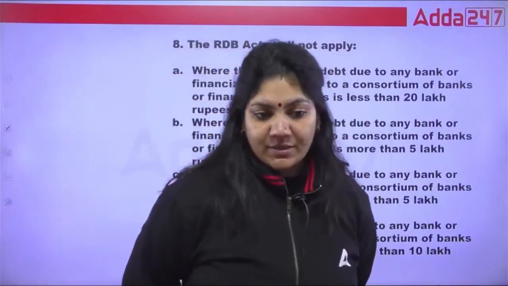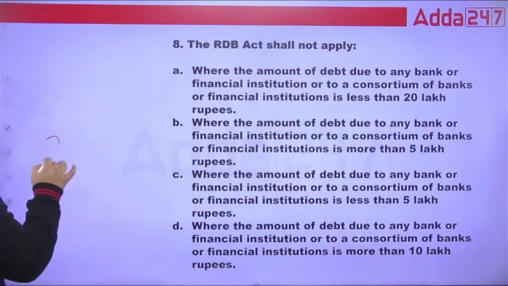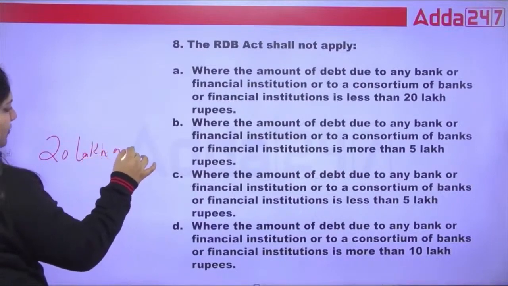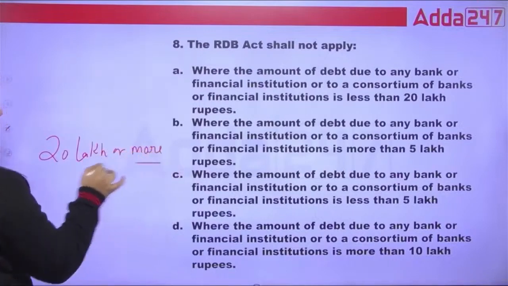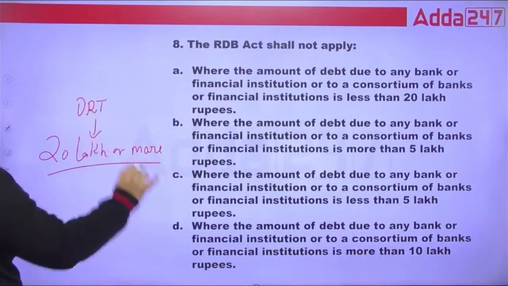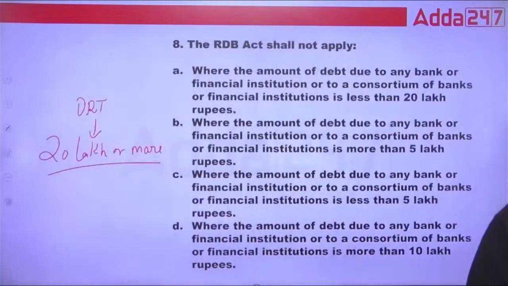Because we know that if we talk about this act, the amount should be 20 lakh or more. Only in that case does DRT apply. So I have given you the hint, class. What is the right answer?